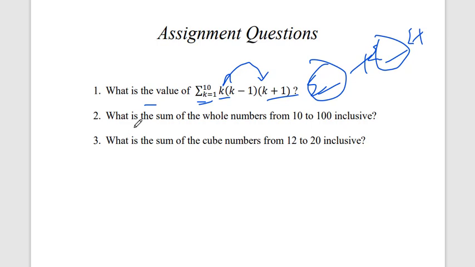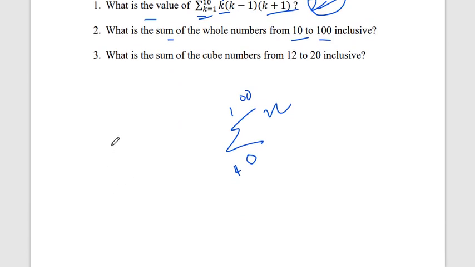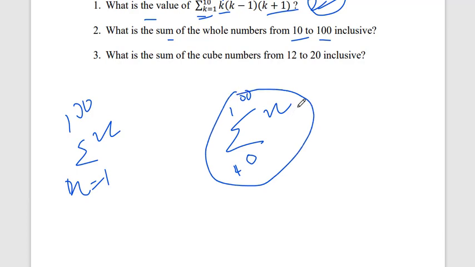The second question is, what is the sum of whole numbers from 10 to 100? They have given the summation of whole numbers from 10 to 100. How do we calculate? We know that for n is equal to 1 to 100, we can find it with the help of the shortcut. But how do we find this type of example? It's easy. If we take n from 1 to 100 and subtract the sum from 1 to 10, we can get 10 to 100.